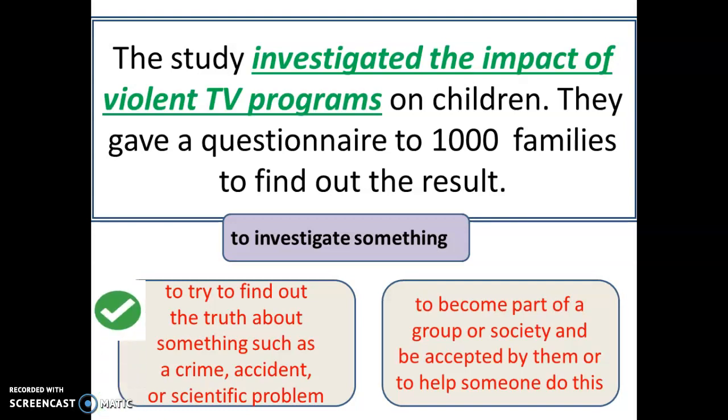It means to try to find out the truth about something. This can be a crime, an accident, a scientific problem. But when you investigate something, you do something, like you can use a questionnaire or something, and then you find out what the truth or the result of that thing is.